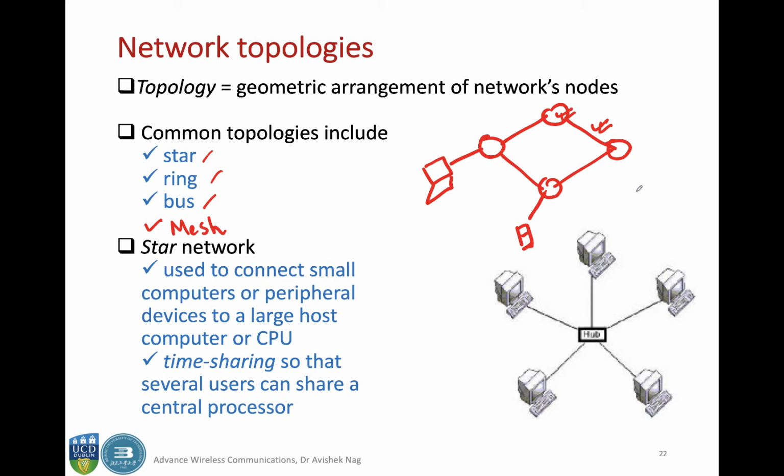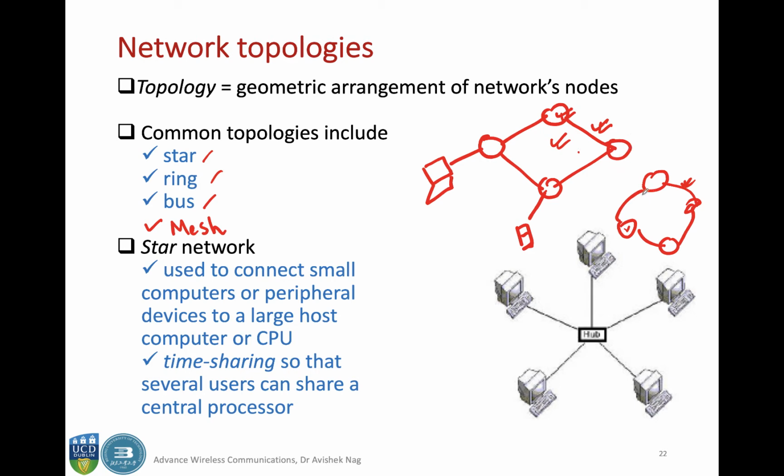You can have a ring topology. This is an example of a ring that I just drew. A ring can also look like this. These are the nodes and these are the links, but essentially this is also a ring.